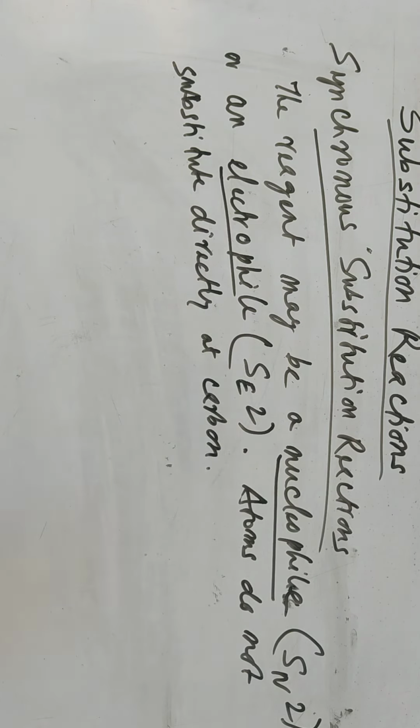Now I'm repeating again that synchronous substitution reactions can be divided into two systems depending on the nature of the reagent. If the reagent is a nucleophile, then we have nucleophilic substitution reaction. If the reagent is an electrophile, then we have electrophilic substitution reactions.